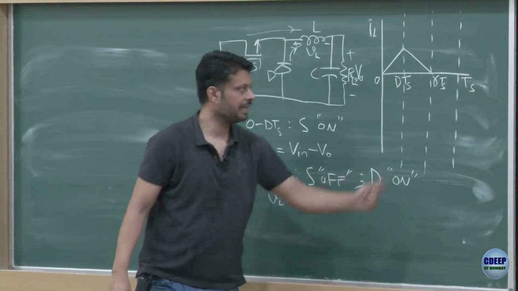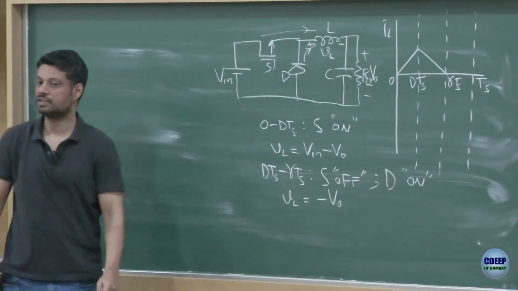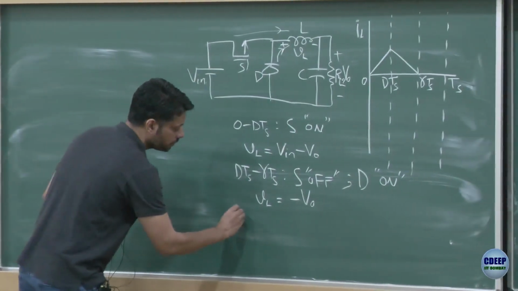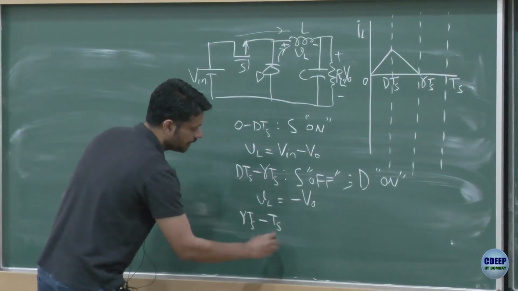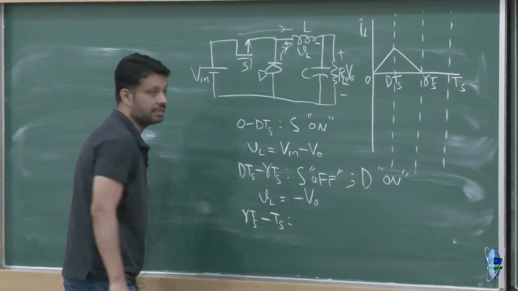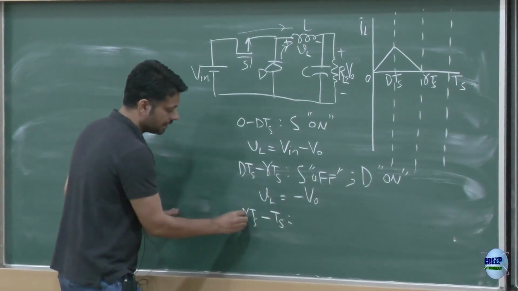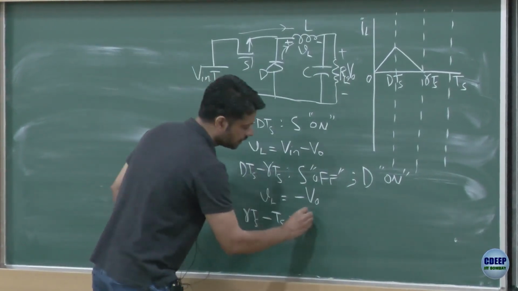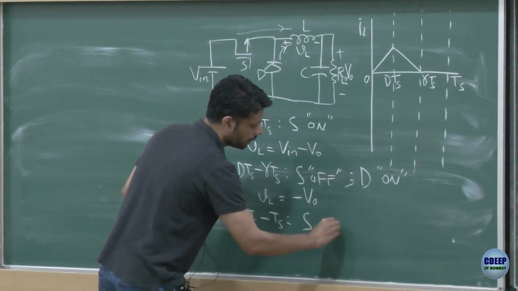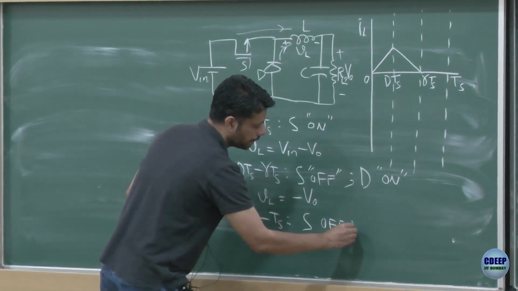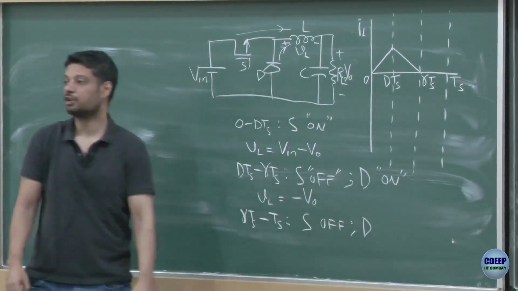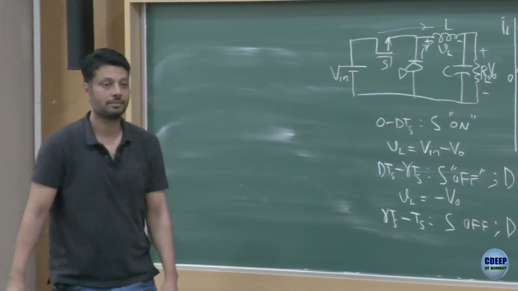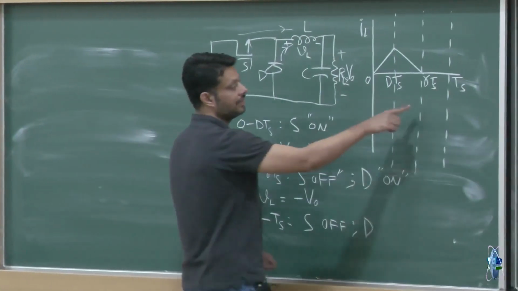Okay. So this was the same case as before. Now there is one more period where the inductor current is 0, and that period goes from gamma Ts to Ts, and in that case S is off, and the diode is off in this case.